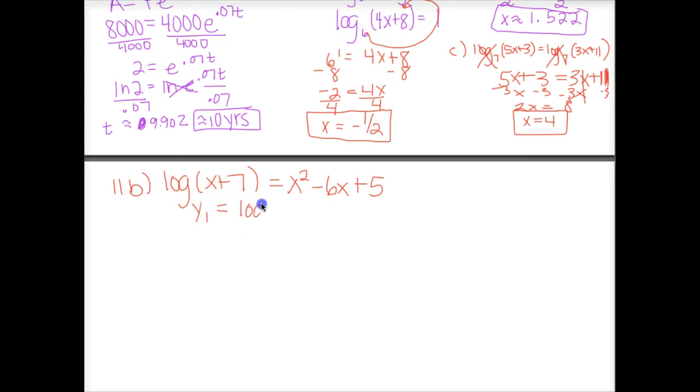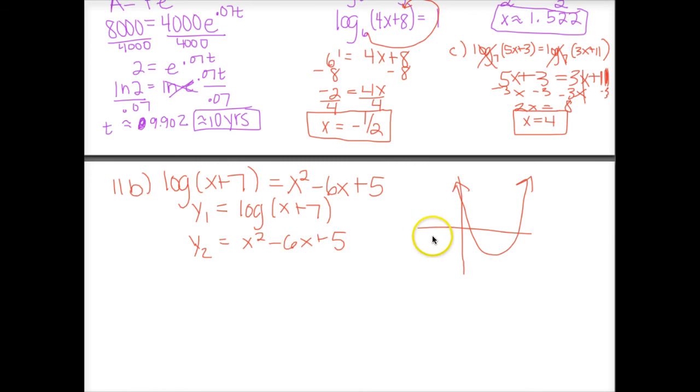So in your y1, you type in the left side. And this is log base 10, so it's just a regular log you're typing in. And then in your y2, you're typing in x squared minus 6x plus 5. Find an appropriate window. I think a standard window works for this one. But you end up with the parabola, that's your y2, and then your log graph looks something like this.